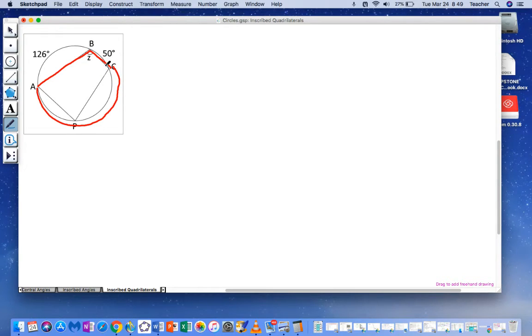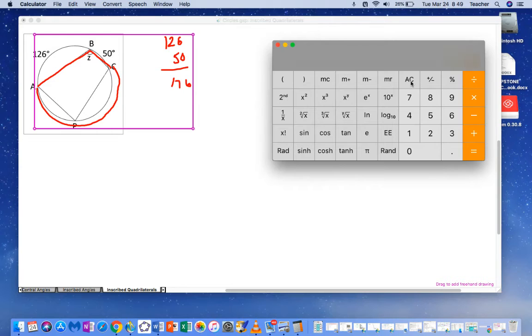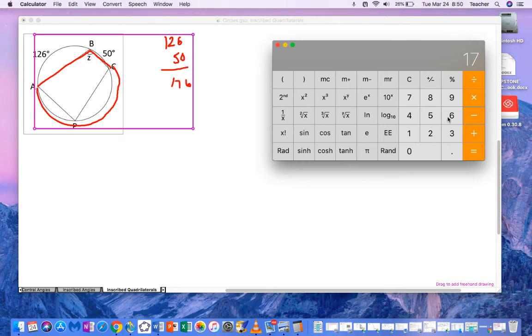So I can do one of two things here. Circle's 360. So if I add these two and subtract that from 360, that's what the rest of this is. So I could do 126, the two arcs that I am given, 176. So if I do 360 minus that, the rest of that circle is 184.